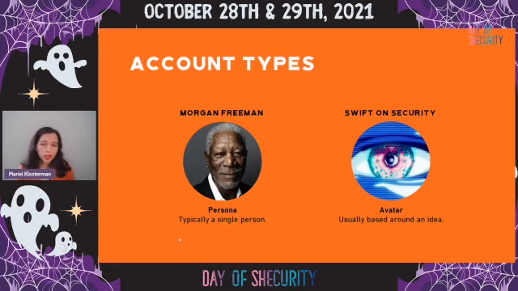Then there are two account types that accounts generally fall into. There's a persona, which is usually someone's personal account, right? You see their life updates, oh, I'm going to this, oh, I'm going to that, and you expect it to be a real person. With this account, you have to put a lot more effort into the backstory, and into making sure that when you post something, it does not contradict something else you posted, because you're supposed to be a person, right?